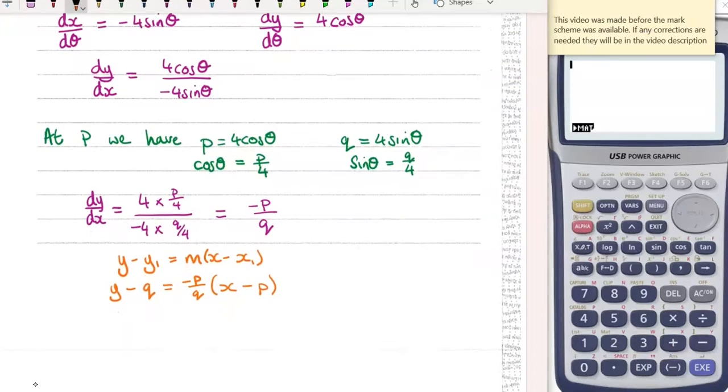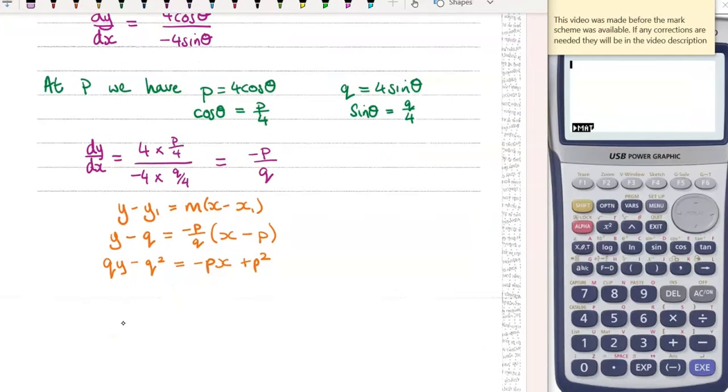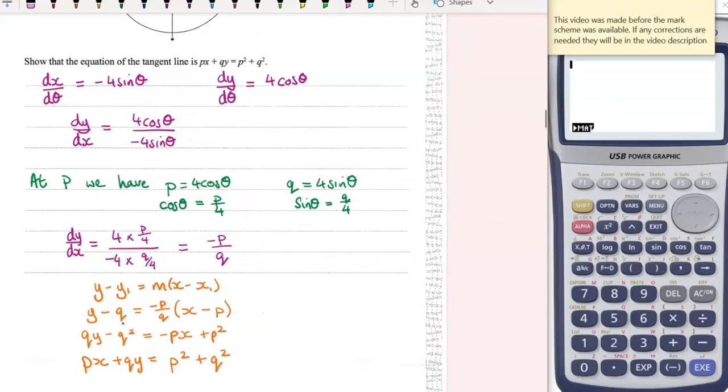So if we multiply that through by q, we'll have qy minus q squared equals minus p, and also expand this right bracket, we'll have minus px plus p squared. And that we can rearrange, bring the px over to the left-hand side, plus qy, take the q squared over to the right-hand side, and we've got px plus qy equals p squared plus q squared, which was what we were looking for in the question.